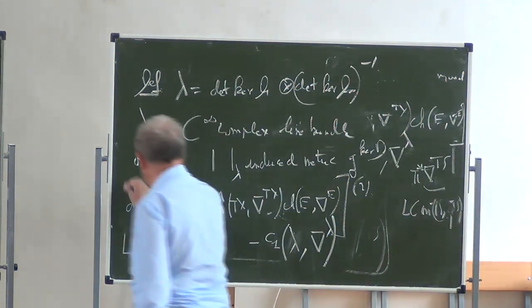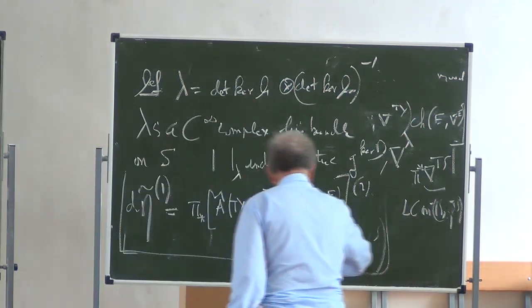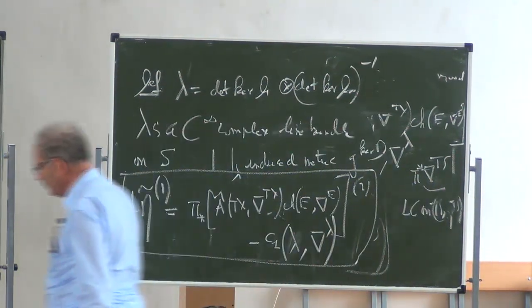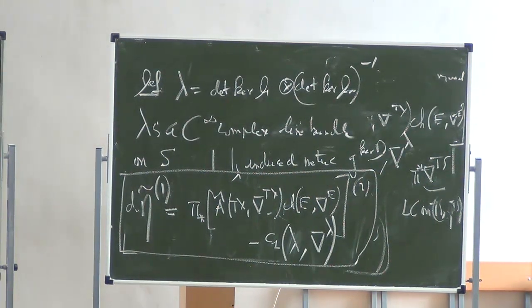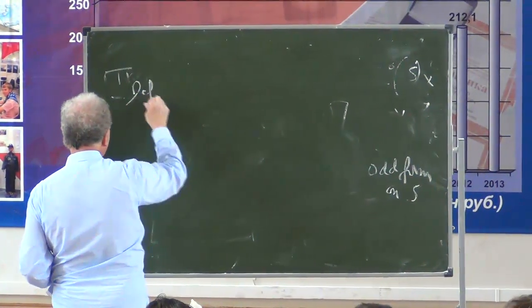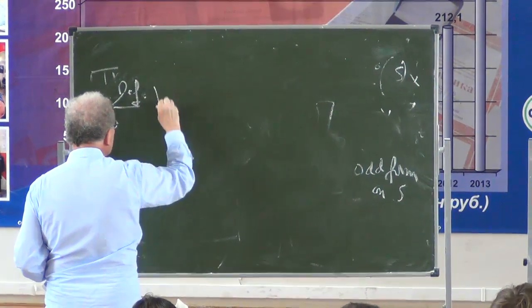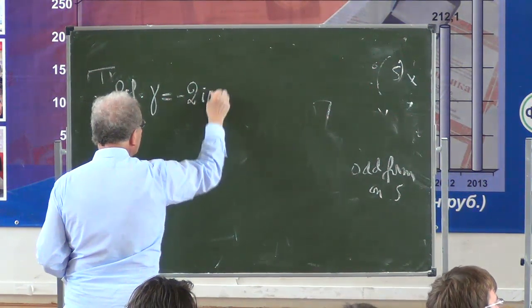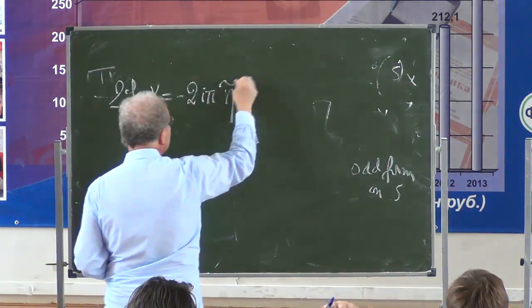Okay, so this is the interpretation of the identity I proved, just in degree 2. And so let me define: I introduce the following imaginary one form gamma, which is minus 2i pi eta tilde 1.